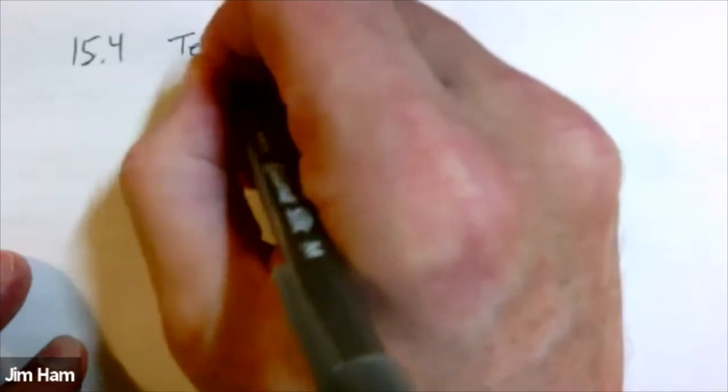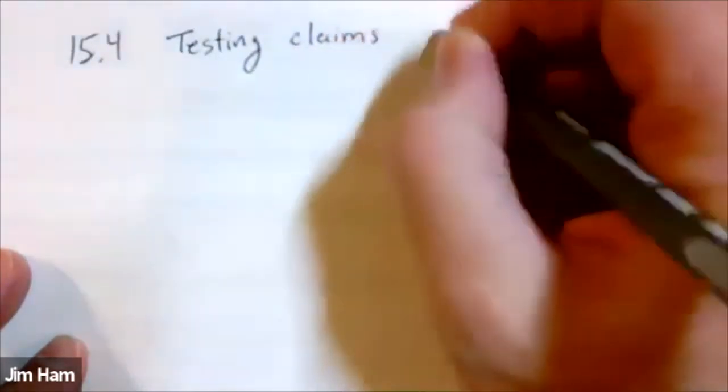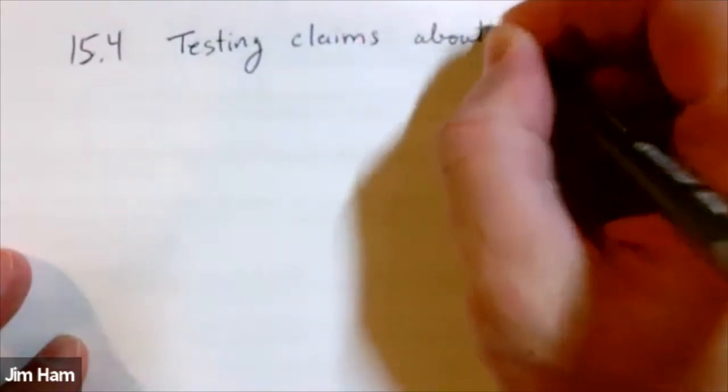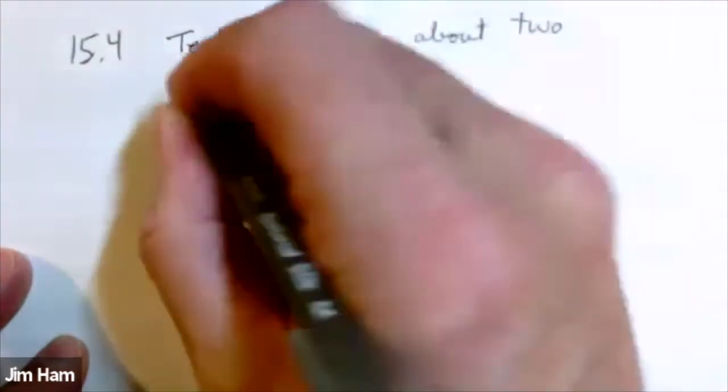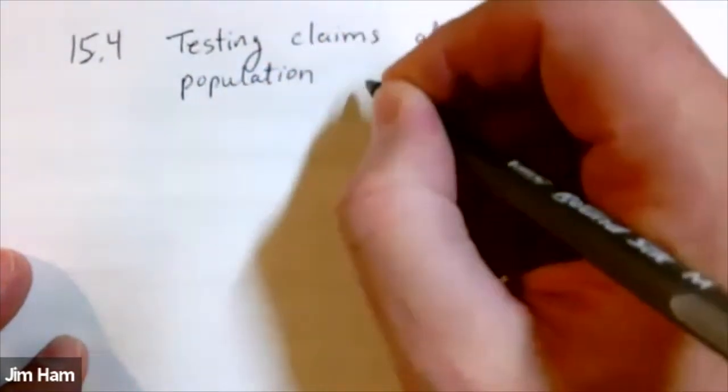All right, so let's go through the steps, and let me give you the scenario, and then we'll go through a couple of examples. So this is section 15.4, and what we're going to be doing here is testing claims about two populations, in this case, not means.